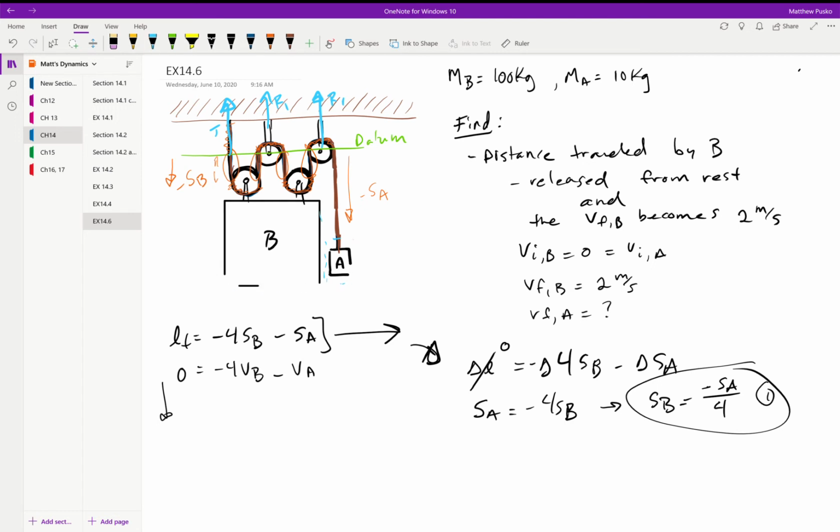And if we draw a box around the entire system, we don't have to include the tensions or these reaction forces at all. And there's another tension right here. So all we have to consider is the weight due to gravity for A and B.